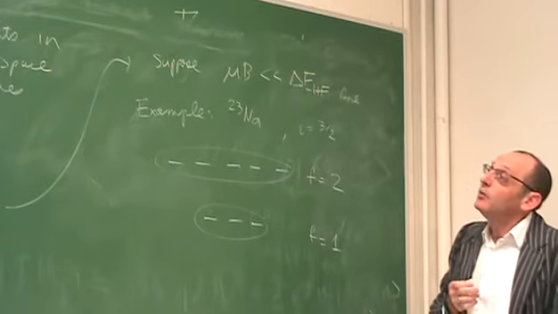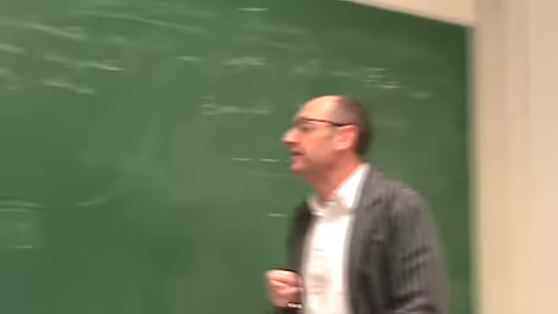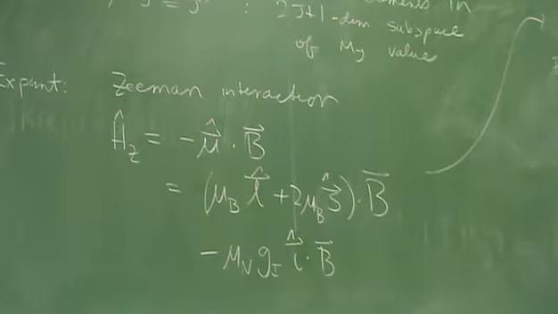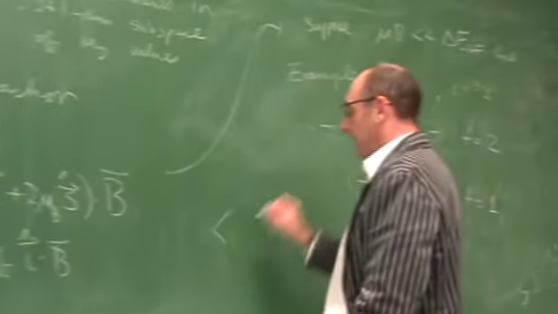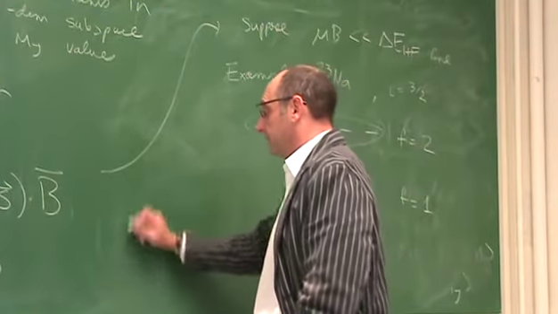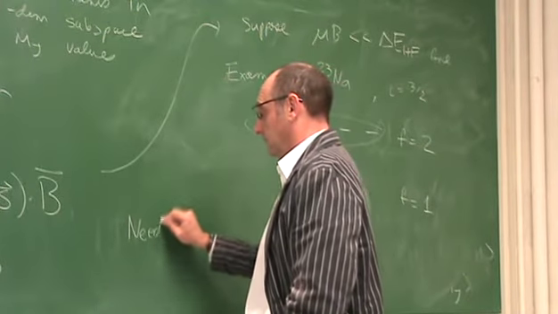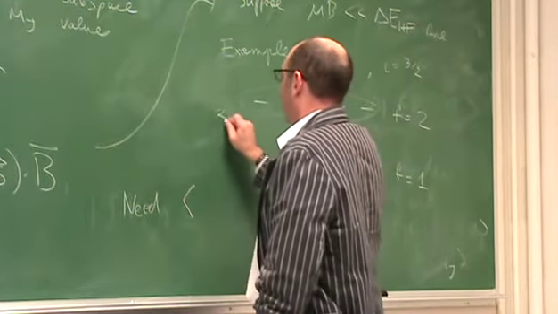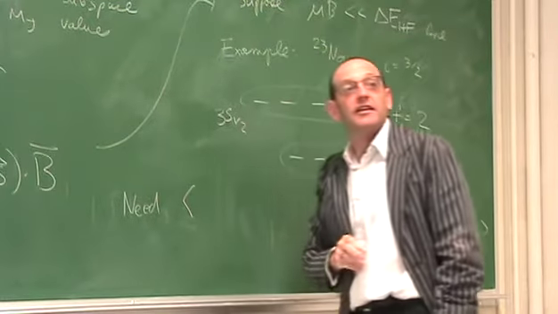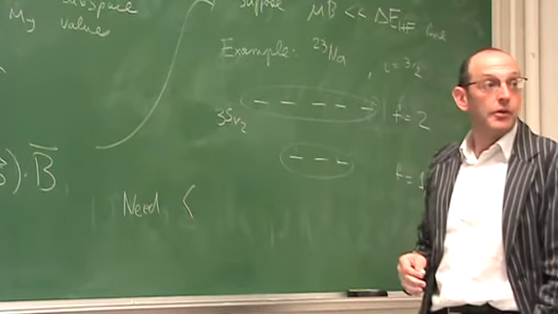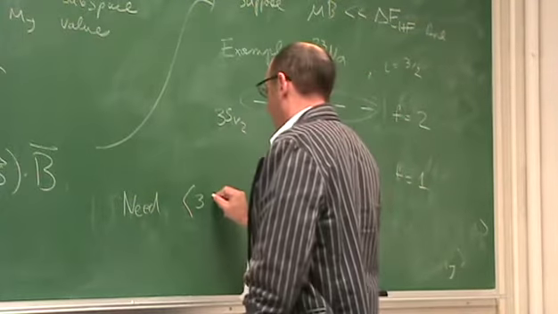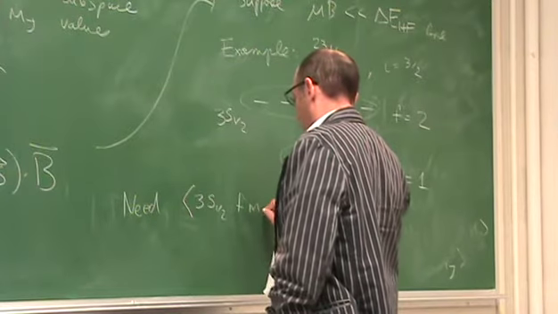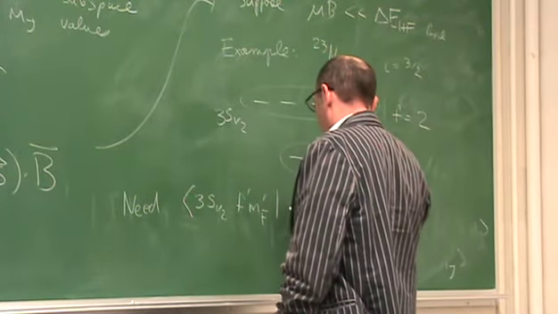Okay? Well, we have to then calculate matrix elements of these operators. We need to calculate the matrix element of mu with respect to the 3s 1/2 manifold, so we have 3s 1/2 F m_F prime of the interaction.